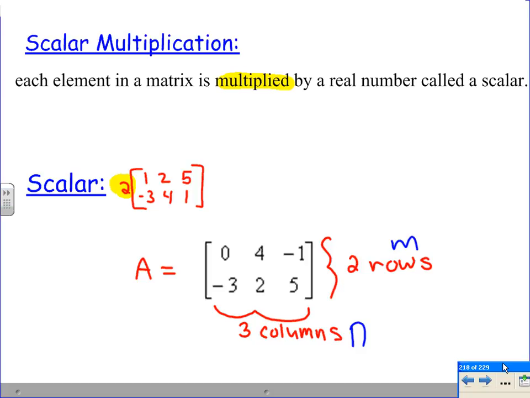Remember, N is long, tall, and skinny. There are 3 columns and 2 rows. M is always denoted as the rows. It's extremely important that you remember the dimensions of a matrix are always written as rows by columns. Rows by columns, always. M by N, always.